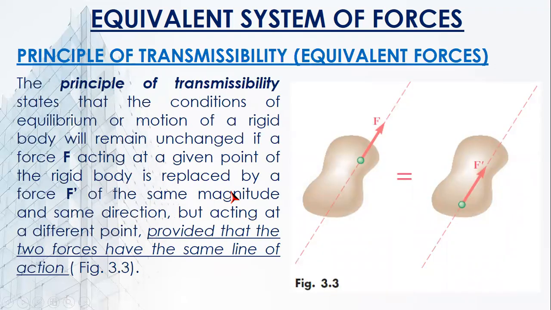The principle of transmissibility states that the conditions of equilibrium or motion of a rigid body will remain unchanged if a force acting at a given point of the rigid body is replaced by a force F prime at a different point along the same line of action, with the same magnitude and the same direction, provided that the two forces have the same line of action. These dotted lines are the line of action.